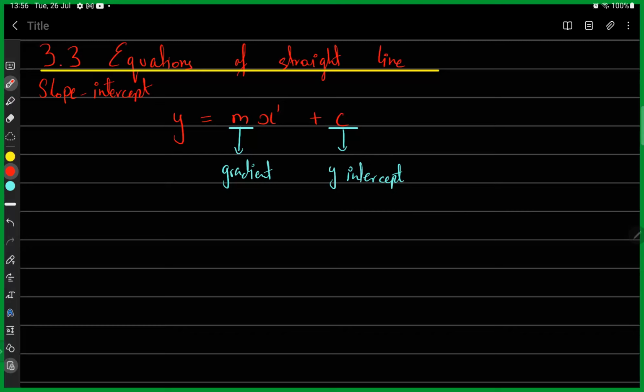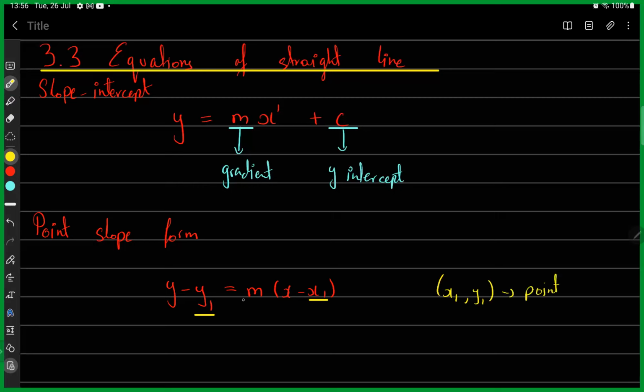Then we have the point-slope form, and we write it this way: y minus y1 equals m times (x minus x1). Here x1, y1 is the point, and m is again the gradient or the slope, whatever you want to call it.